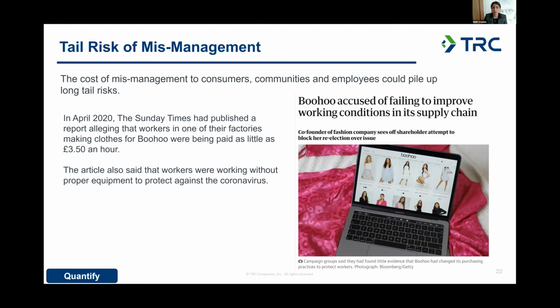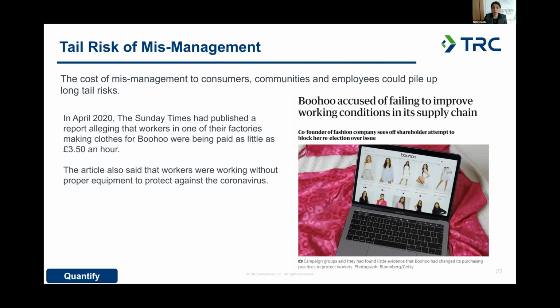And when we look at some of these examples, first from a risk standpoint, a lot of these factors can be quantified and frankly have been quantified. So we saw an example very recently in 2020 where an online retailer had some issues with its supply chain, and it was published by one of the news media outlets that workers in one of their factories were actually being paid well below minimum wage.